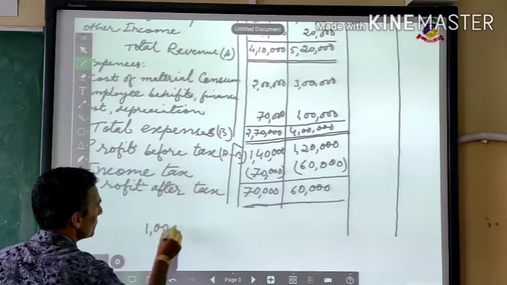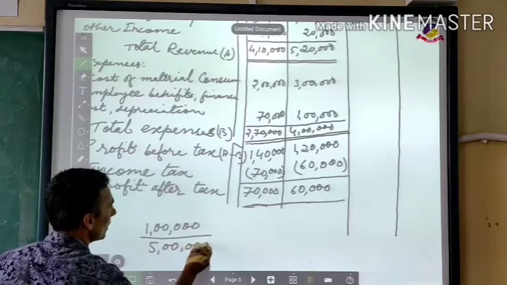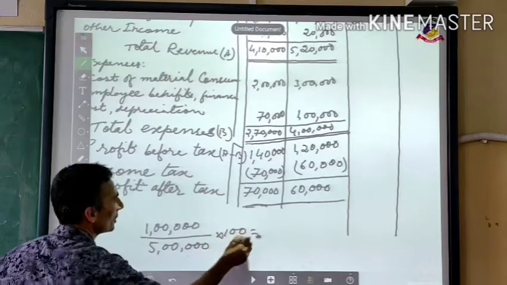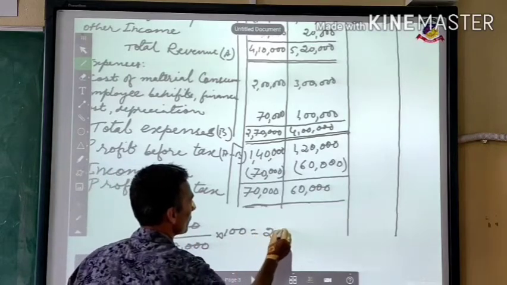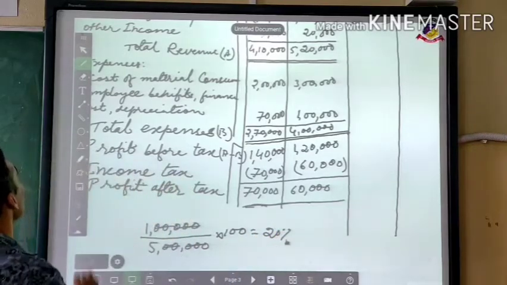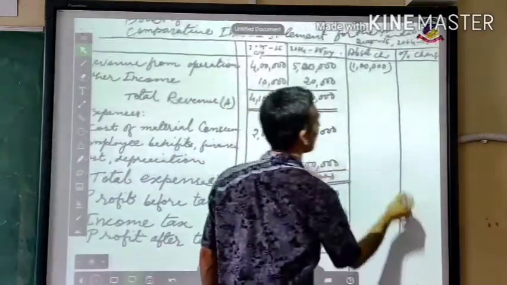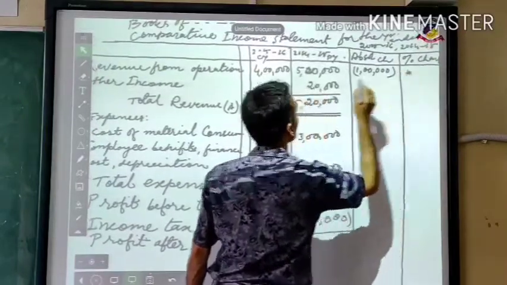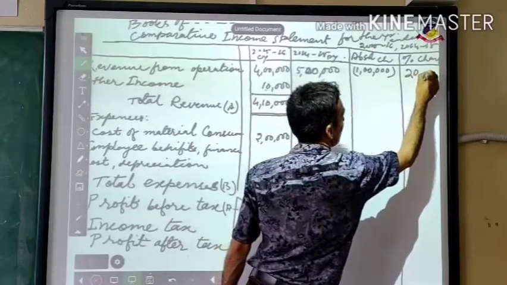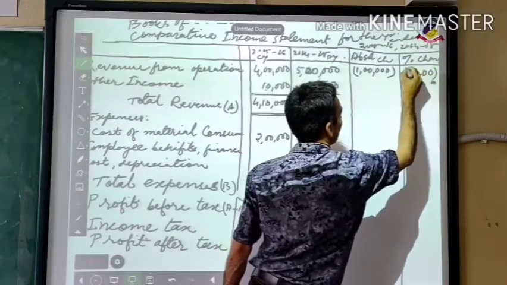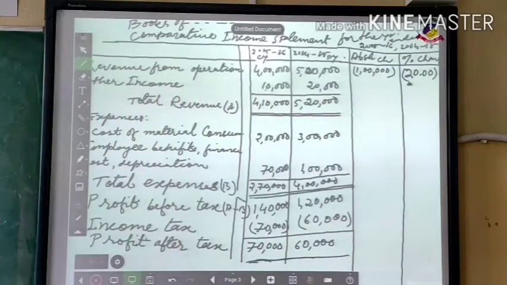Absolute change is 1 lakh, previous year value is 5 lakhs, multiplied by 100 will give you 20%. So 20% will be written as 20.00, no percentage sign, and in the bracket.